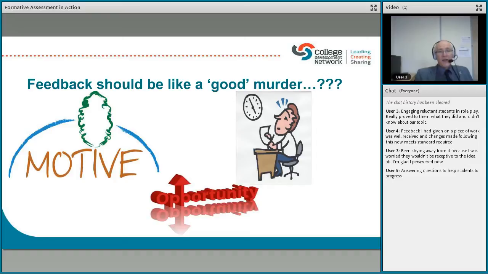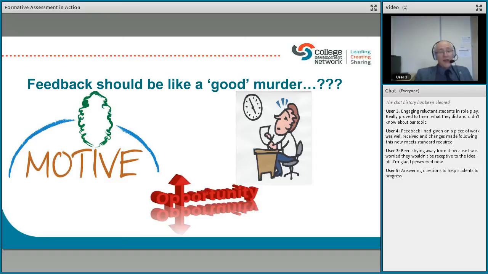P stands for pertinent, so any effective feedback should be pertinent and relevant. The A, it should be actionable. There should be action points, and I'll come back to that when I'm giving feedback to my students. As well as the feedback, I like to include 2 or 3 action points that are achievable.